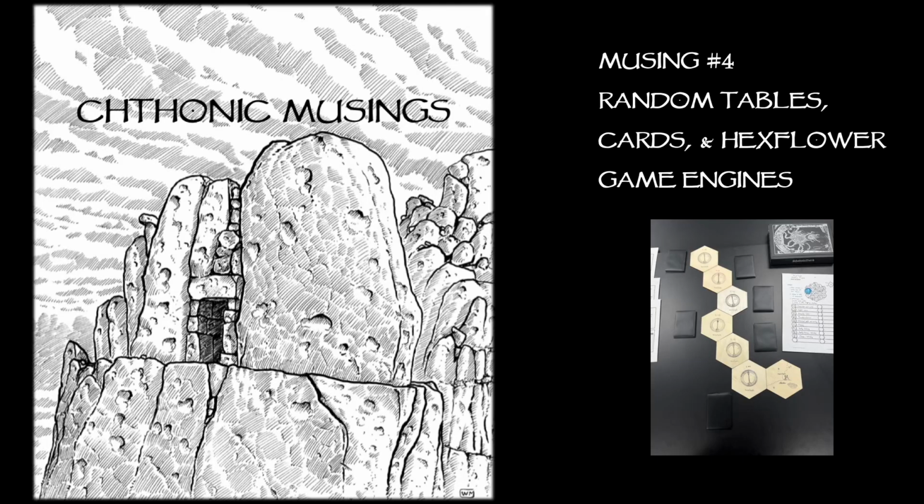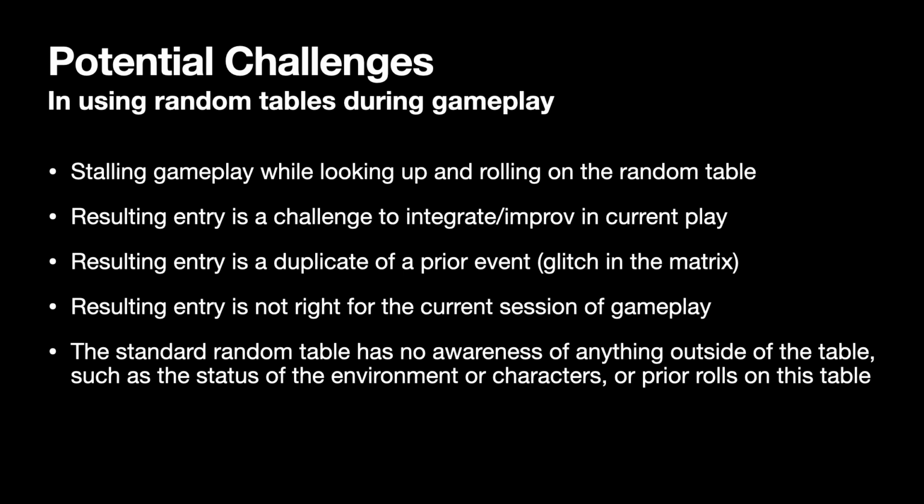The resulting entry is a duplicate of a prior event. I call this glitch in the matrix. You might have an entry that comes up and it's fantastic, but if you're like me, you might be rolling on a percentile table that has lots and lots, up to 100 different fantastic entries. But invariably, you get the same result that you rolled the last time. It's only a 1% chance, but like I said, if you're like me, it happens more than it should.